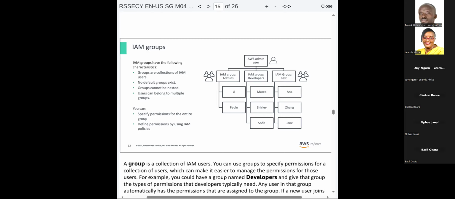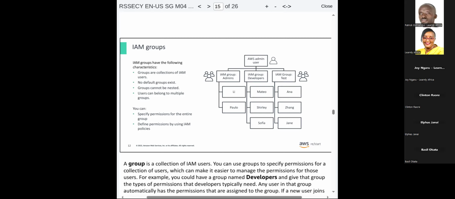Maybe then we have other people in HR and finance. The HR people, people's management or people's success people, can be grouped into one group, right? And given permissions as a group.